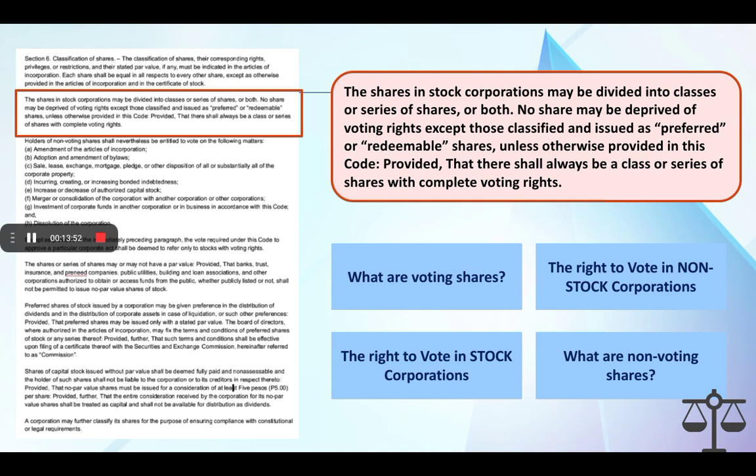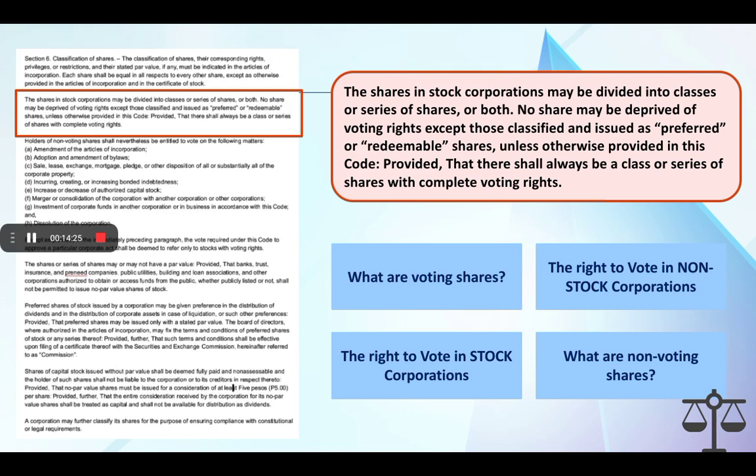the second paragraph. So, second paragraph states that the shares in a stock corporation may be divided into classes or series of shares, or both. No share may be deprived of voting rights except those classified and issued as preferred or redeemable shares unless otherwise provided in this Code, provided that there shall always be a class or series of shares with complete voting rights.